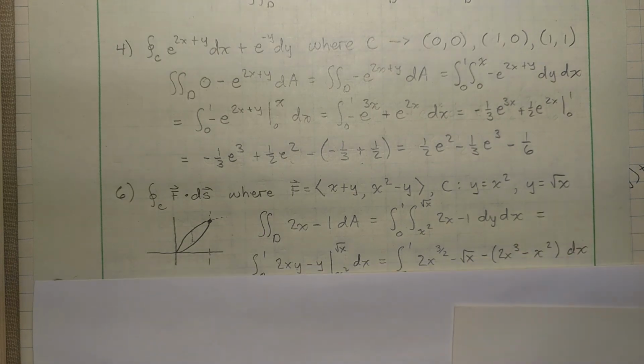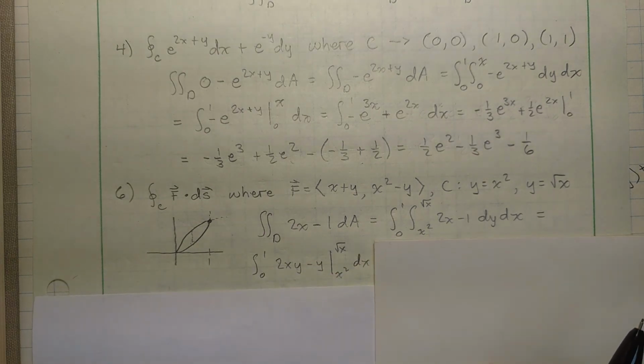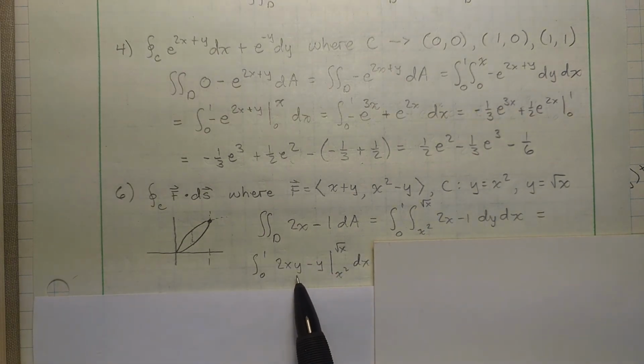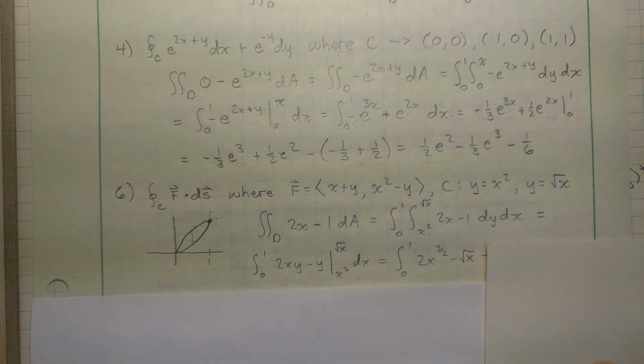I think you know what to do from here. I went ahead and integrated with respect to y, and then substituted in my x values, and got to this. I think you know how to finish that one off. I don't think I need to go through it. Plus, I'm out of room on my paper. I think you can evaluate that, and you will get an answer of negative 1/30 when you bring it to conclusion.